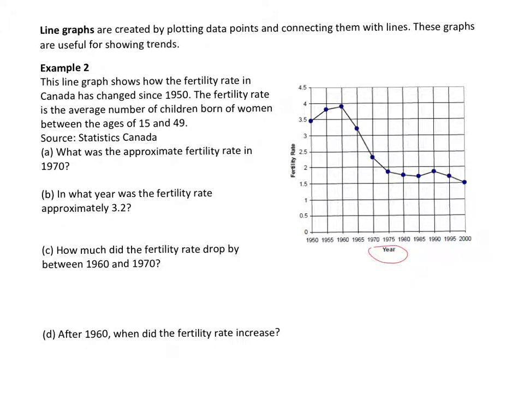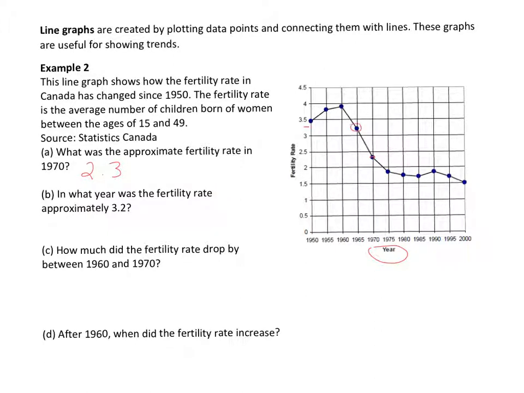So first question is, what's the approximate fertility rate in 1970? Let's go across to 1970 and then look up and find that dot, and you can see that it's between 2 and 2.5, and it's a scooch more than half, so let's call that 2.3. Question B says, in what year was the fertility rate approximately 3.2? So let's go up to 3.2 on the graph, so that's going to be between 3 and 3.5 and just below halfway.